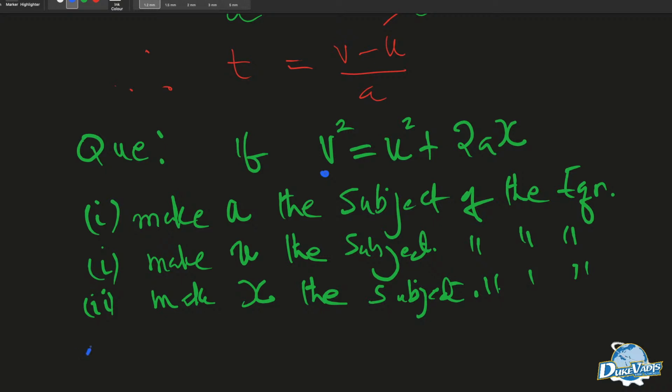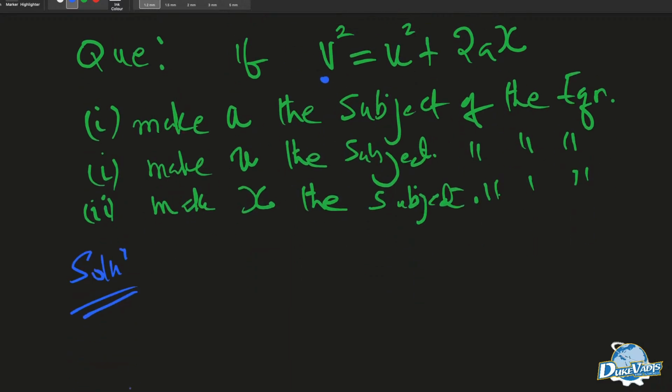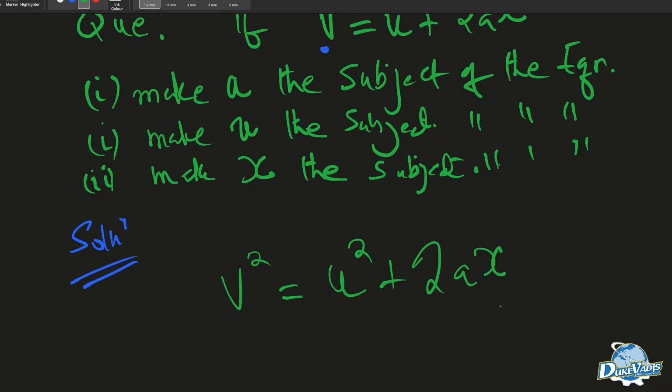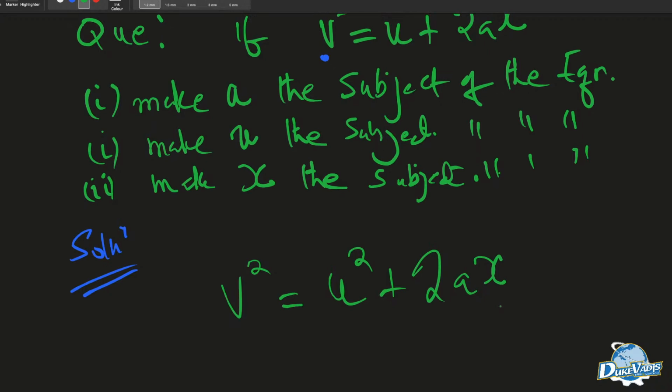Now let's see the solution. Let's try and solve the first one. So our equation given by the examiner says v squared is equal to u squared plus 2ax, and we should make a the subject.